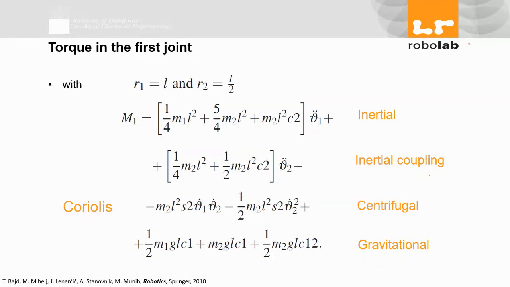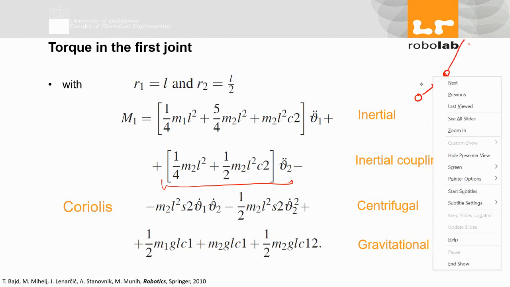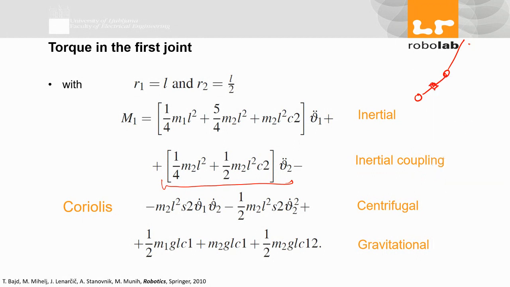Okay. Inertial coupling. This is because of the second mass connected. Because at the first arm here, this motor at the base applies a torque here.